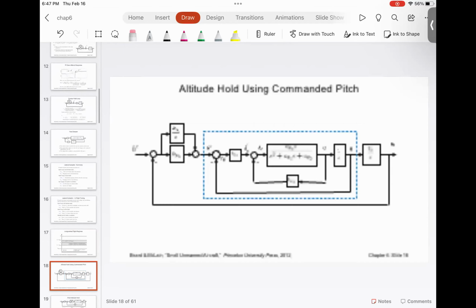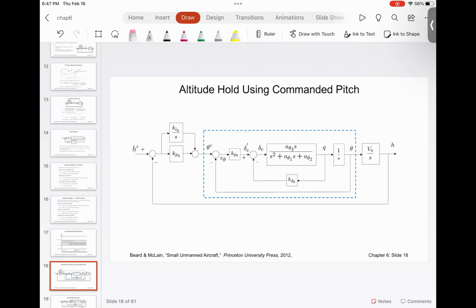So if you have altitude hold, which means you want to make sure that the aircraft is flying at constant height, you have an inner loop. Please understand again, second order transfer function. Then you have KP theta, which is the proportional gain. You have KD theta, which is the gain on the velocity. So adjust KP theta, adjust KD theta so that this block, the whole block becomes 1. That is the trick.